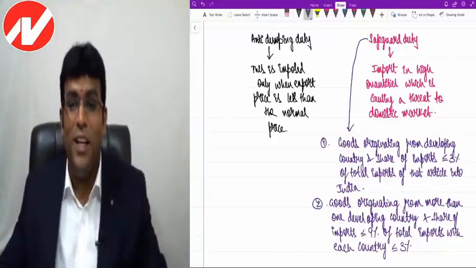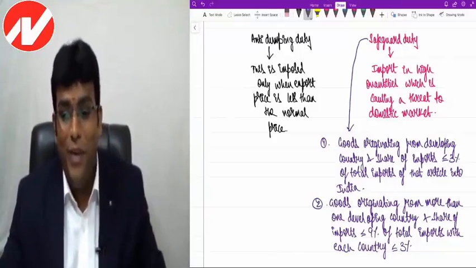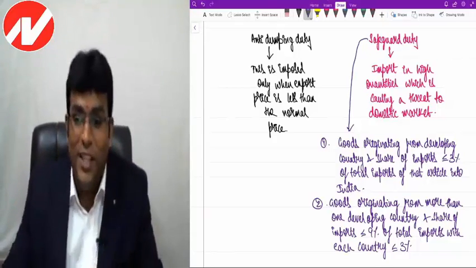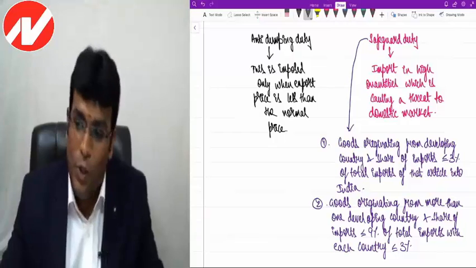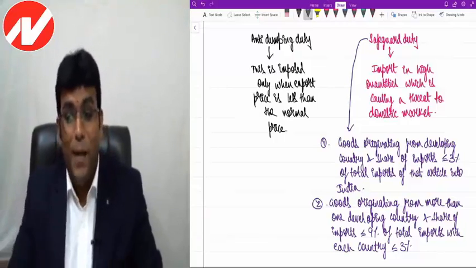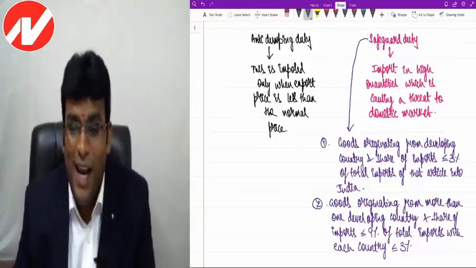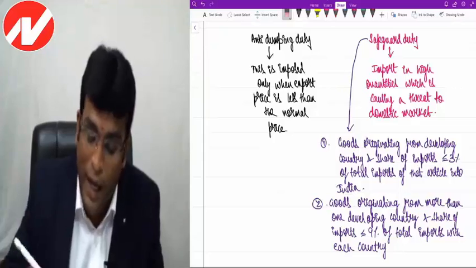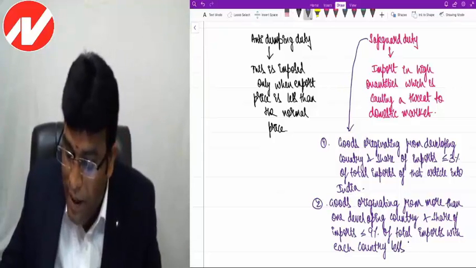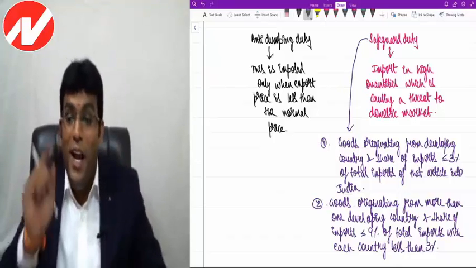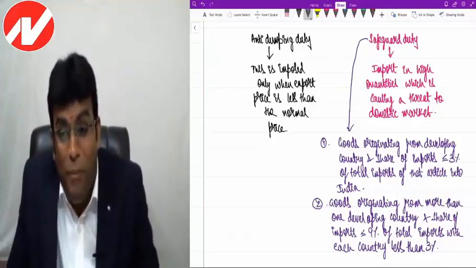That means it is something like your ICAI exam where they are telling each country should be less than 3%, and the total should not exceed 9%. I repeat one more time, each country should be less than 3% and the total does not exceed 9%. Such a great point, my dear friends.